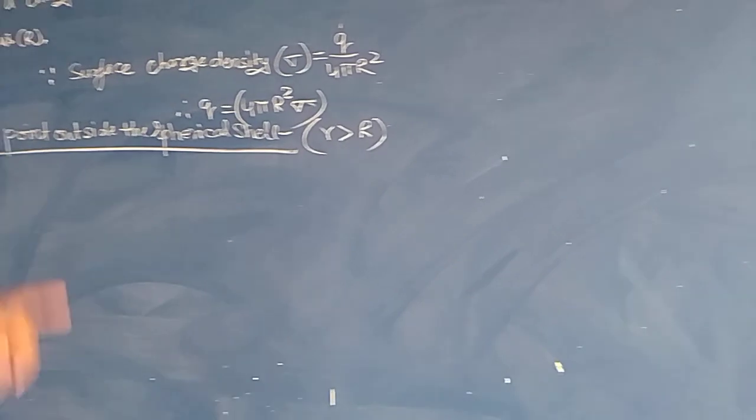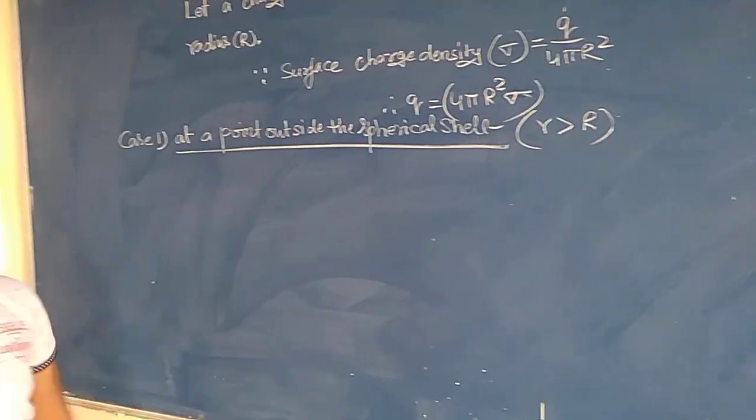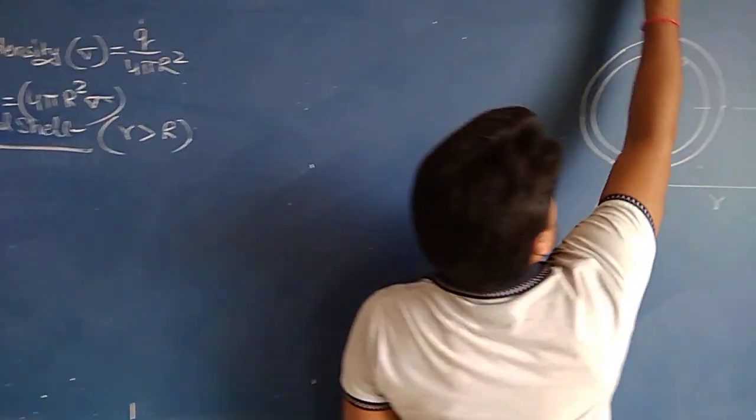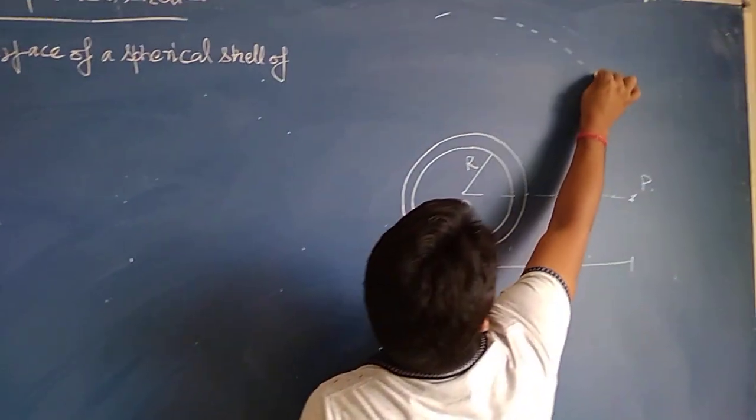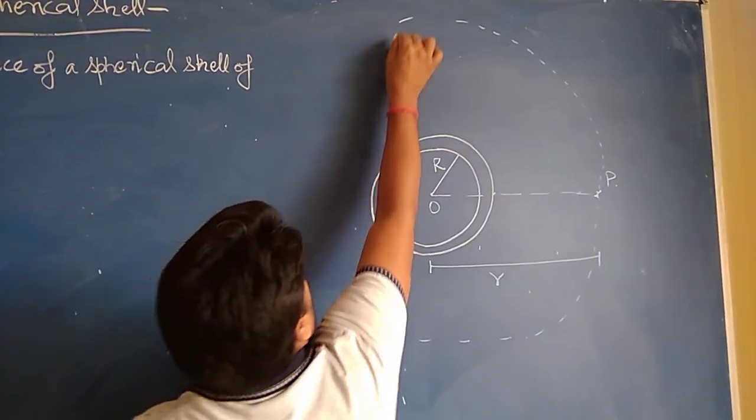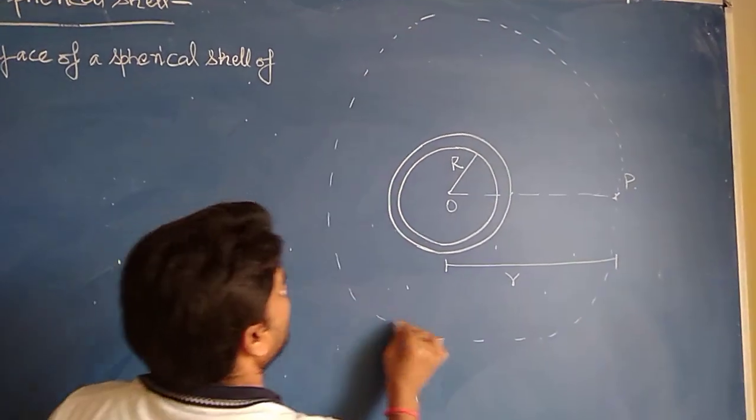If we want to calculate the electric field at point P, then we have to draw a Gaussian surface. So look here, this is a spherical Gaussian surface.